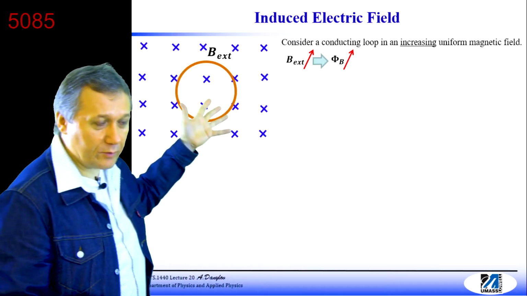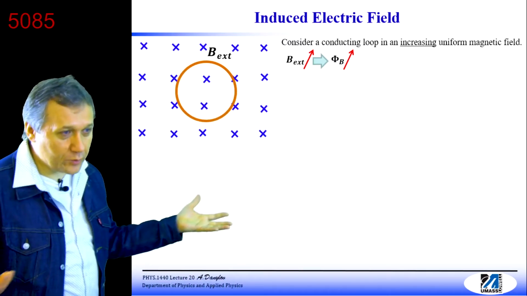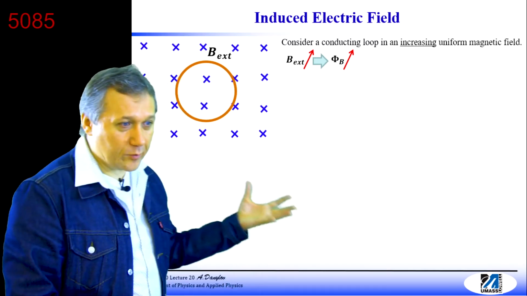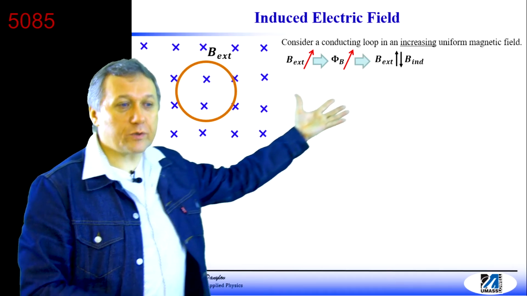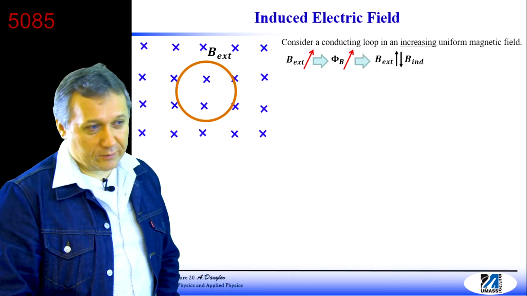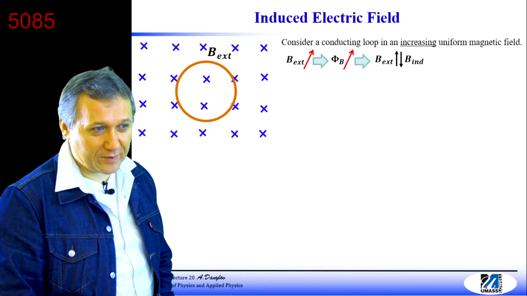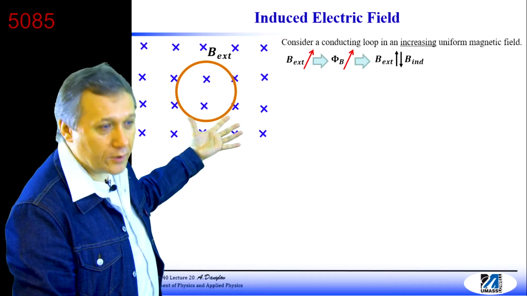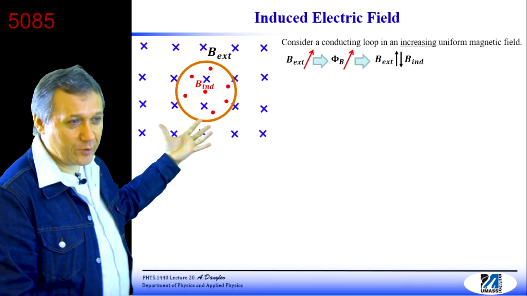So of course, the response of the loop is well known. The loop rebels. And it will drive the current in such a direction so that the induced magnetic field will be in the opposite direction relative to the direction of the external magnetic field. So within the loop, as a result, I can draw a bunch of dots representing induced magnetic field.